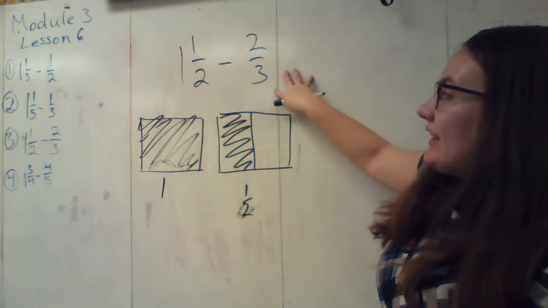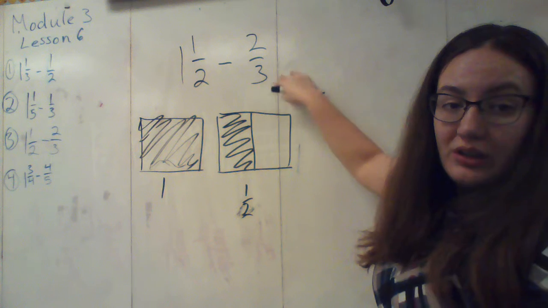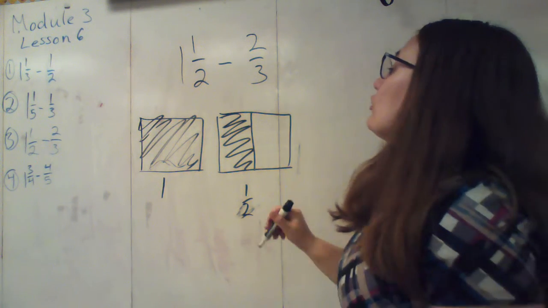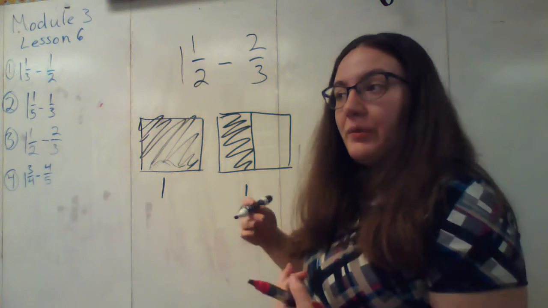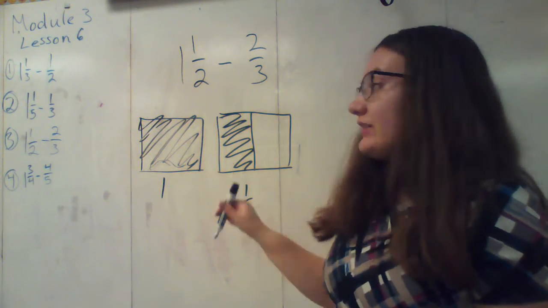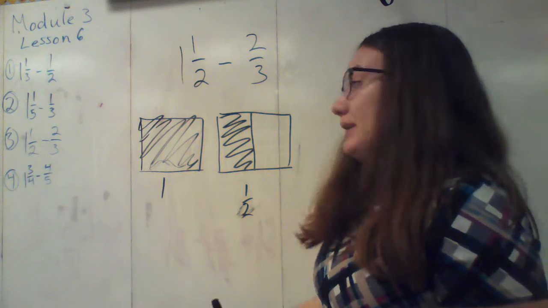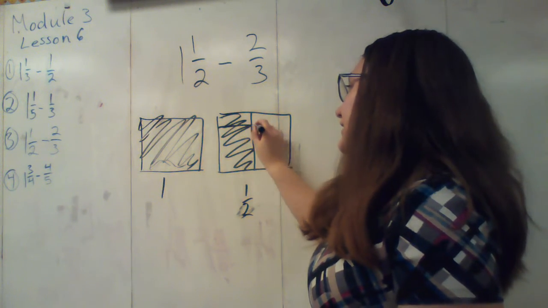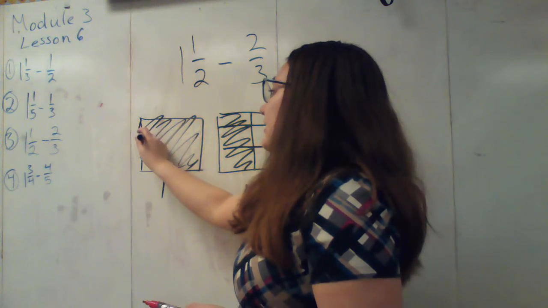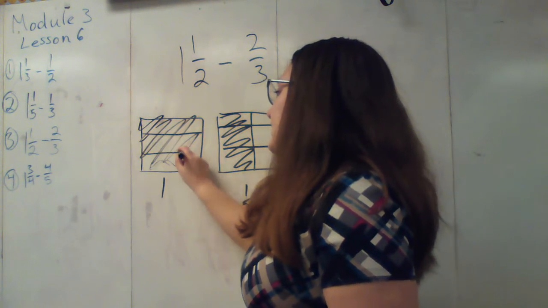Now I need to show you what this would look like being cut into thirds. So just like how I would with the other model, maybe I would draw it, and then I would cut it horizontally so each of these match. So to do that, I'll cut this into thirds, like so, and then I'll cut this one into thirds.